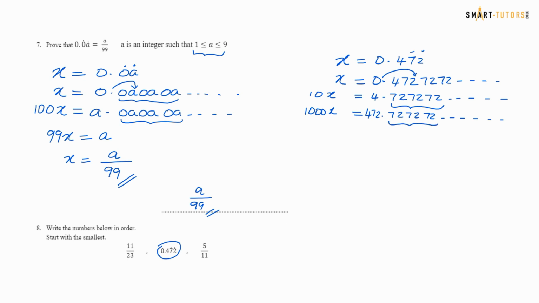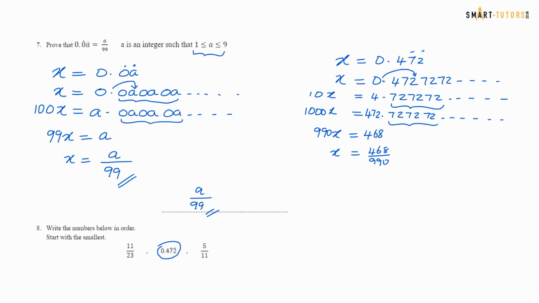So take away 1000x take away 10x is 990x equals 472 take away 4 is 468, and x equals 468 over 990, right? So that is the answer for this decimal.